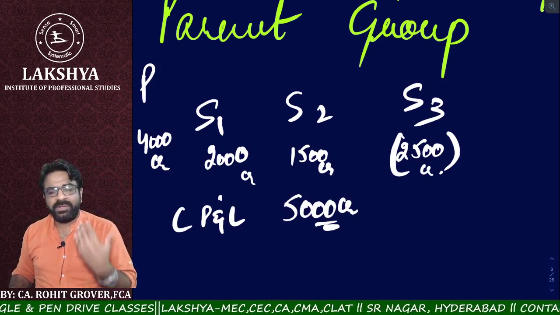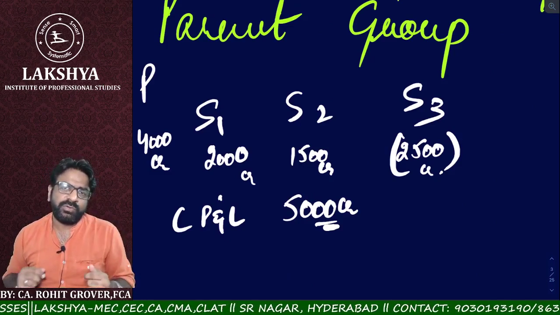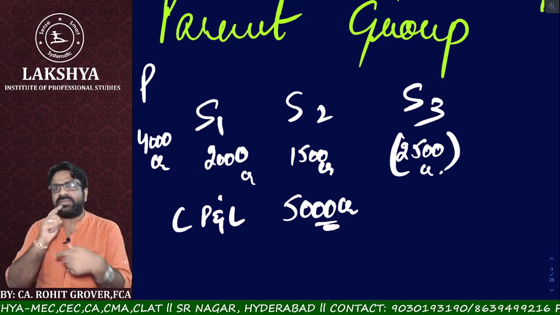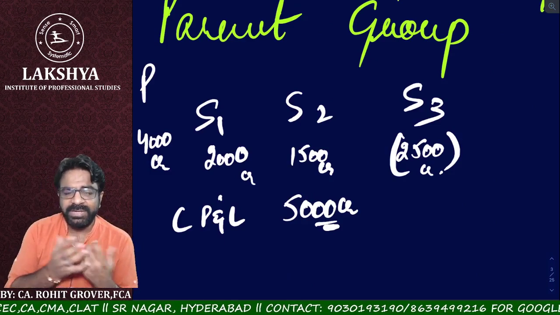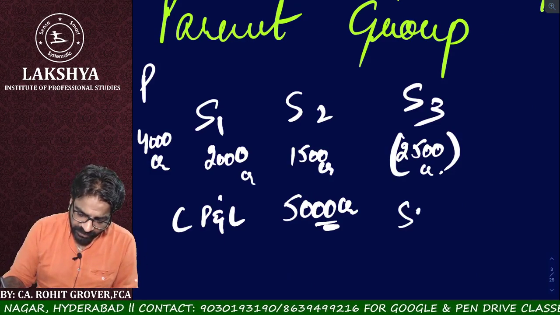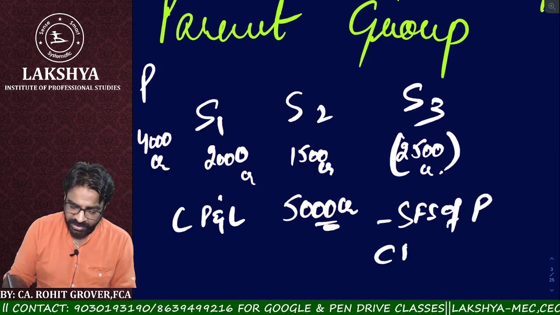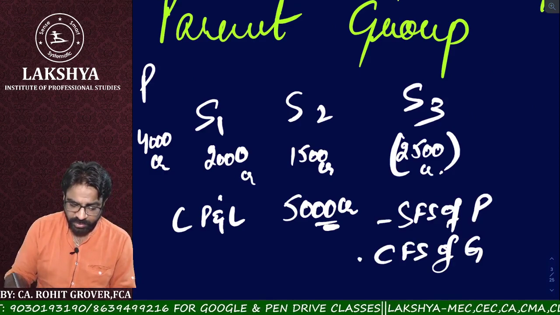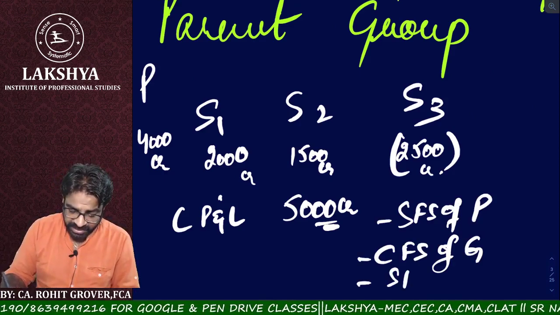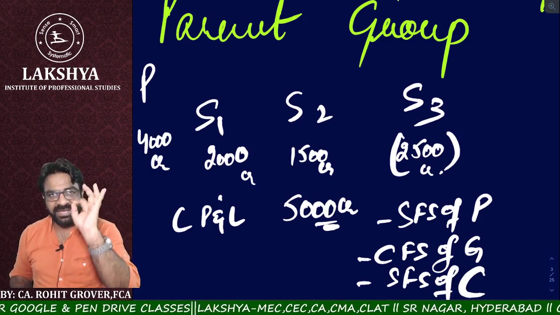Now tell me, when I show you only the consolidated profit in the AGM, how will you come to know which subsidiary is profit making and which subsidiary is loss making? You will never come to know. Therefore, in the same AGM, the standalone financial statements of the parent are going to be displayed. The consolidated financial statements of the group are going to be displayed, as well as the standalone financial statements of the components in the same AGM.